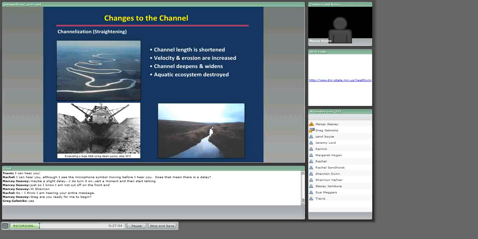A lot of times streams are channelized because someone has an erosion problem and thinks that'll help fix it, but unfortunately it only makes it worse, both in that area and in upstream and downstream areas. And it causes channels to deepen and widen, and really impacts aquatic ecosystems.